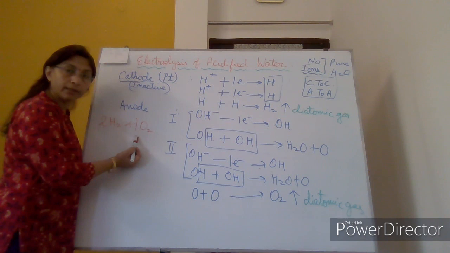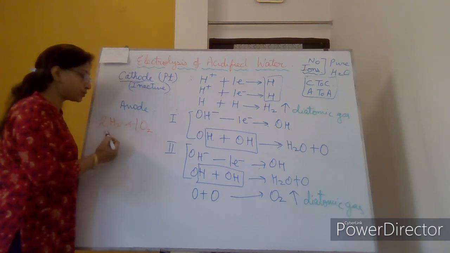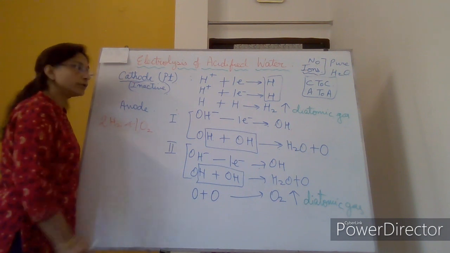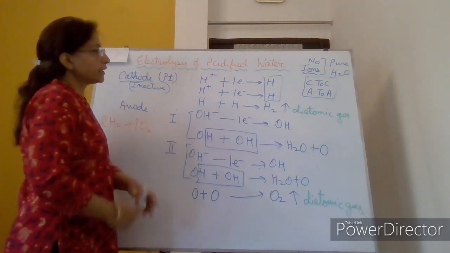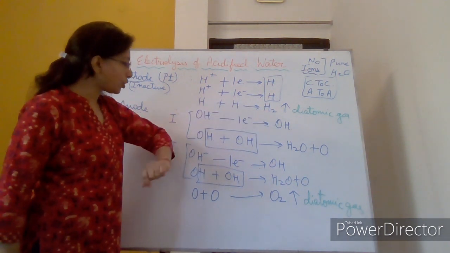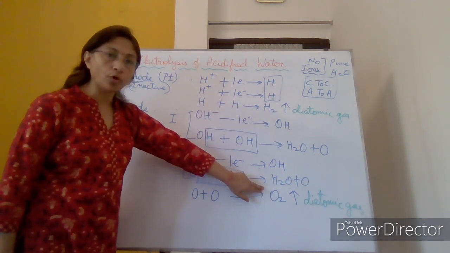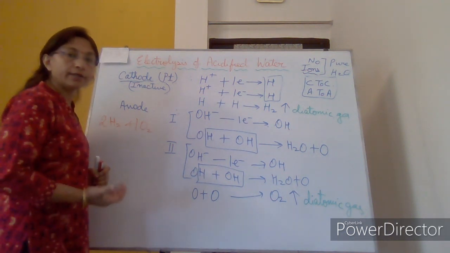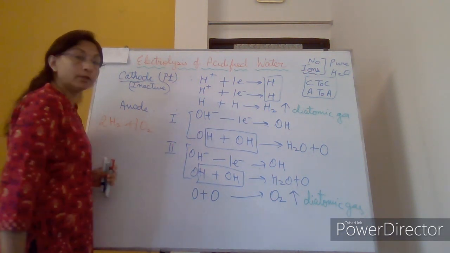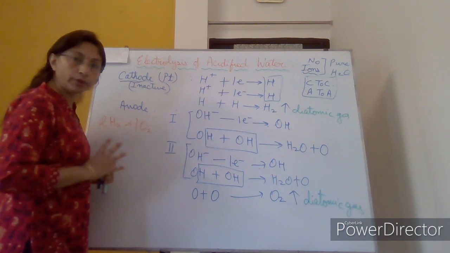How or why is the ratio between hydrogen produced and oxygen produced 2:1? The reason is very simple. See, for the formation of oxygen, how many electrons are to be released? There will be the release of 4 electrons.